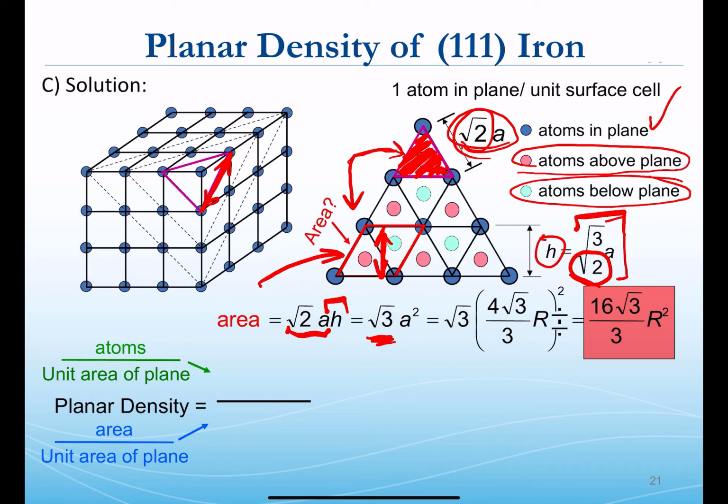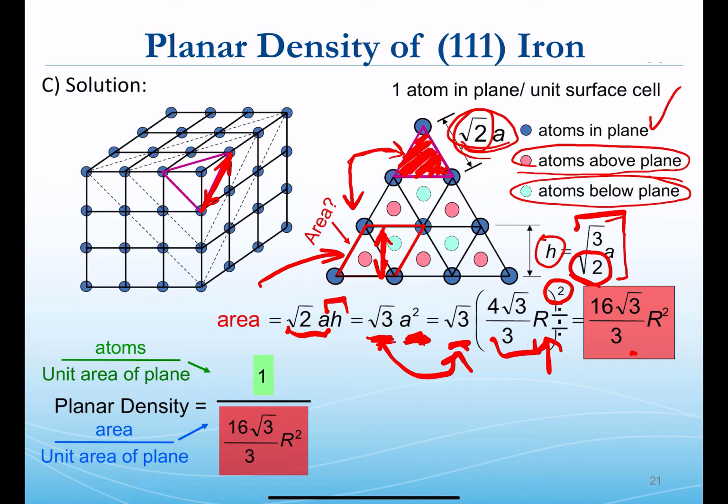So we end up with root 3 a squared. Applying what we had from earlier on what the identity of a was in terms of radius units, we can now install that. So 4 root 3 over 3 times the radius that was offered in the question, and we've got to square all that, and then, of course, multiply by root 3, and we get our final answer here.